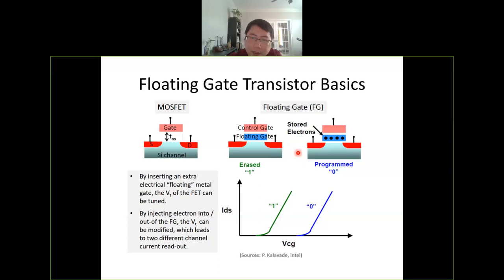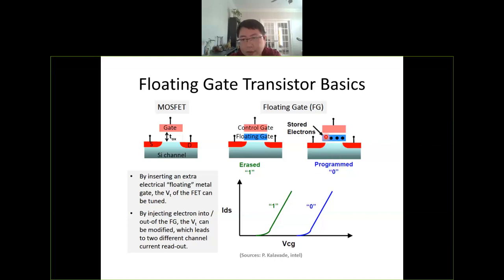So here, the floating gate transistor stores the information using the electrons stored in the floating gate. So let's say if you don't have electron in the floating gate, it stores 1. And we also call it erased state because the electrons here are erased. The other state is 0 or program state.